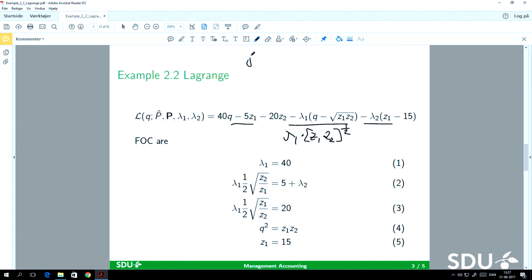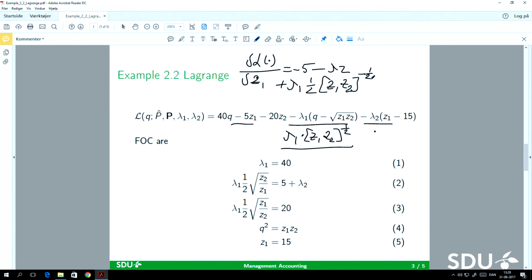Now, the differentiation itself with respect to C1 will become minus 5, and let's take the last one first, minus lambda 2, plus this part, we have lambda 1, a half, so we're differentiating the outer function first, to the power of minus a half now, and we multiply it with differentiating the inner function with respect to C1 as well.